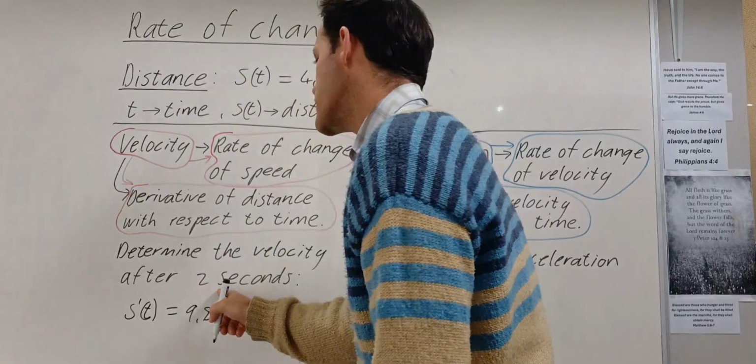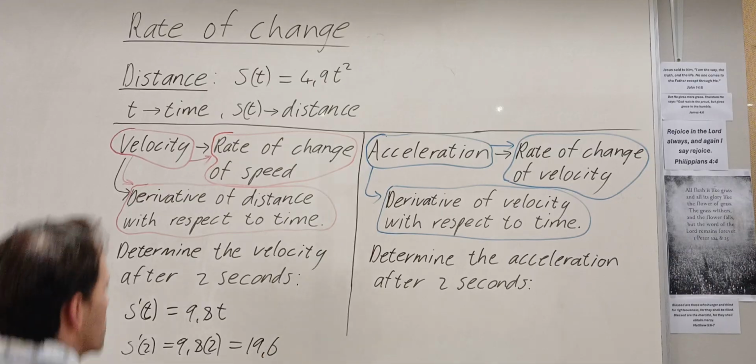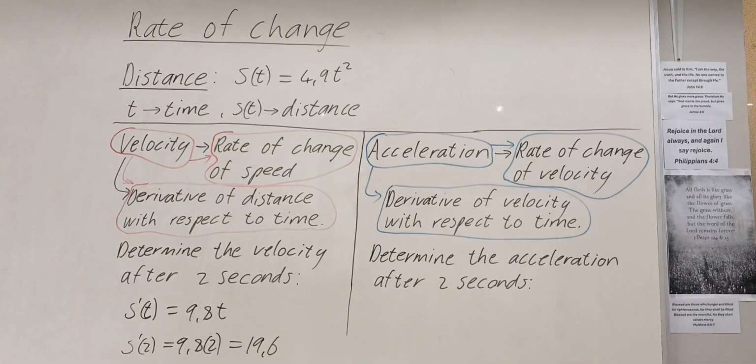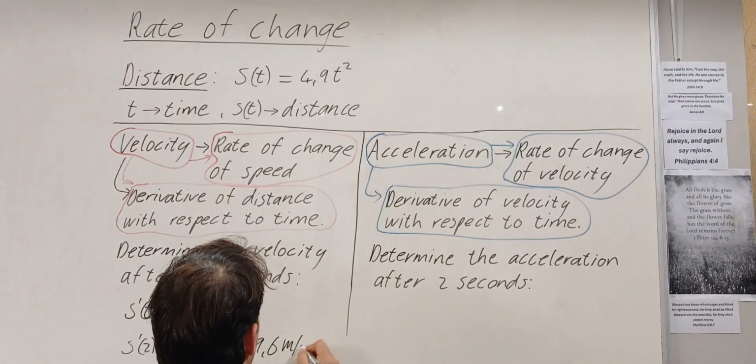And after 2 seconds, it's going to be s'(2) will be 9,8 times 2, which gives you 19,6. Okay, so 9,8 times 2. Right, so you're going to get 19,6 meters per second.